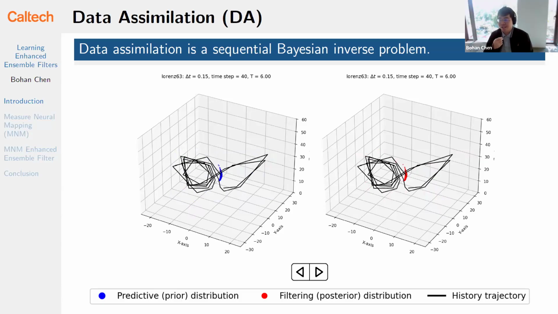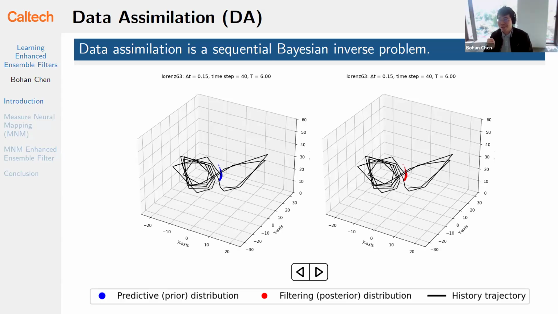This visualization is approximated by a particle filter. The high-level idea is that we use a very large number of particles to approximate this distribution. But this method is not used in practice because the number of particles required is exponential in the dimension. So it can only be applied to toy examples like this in very low dimensional space.